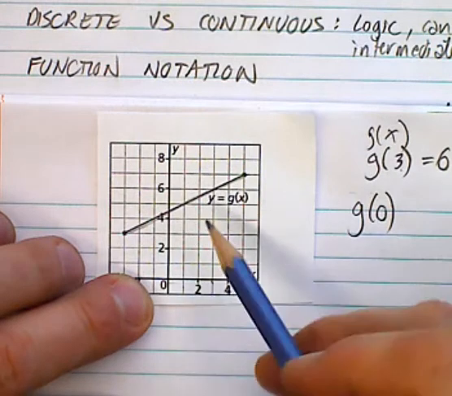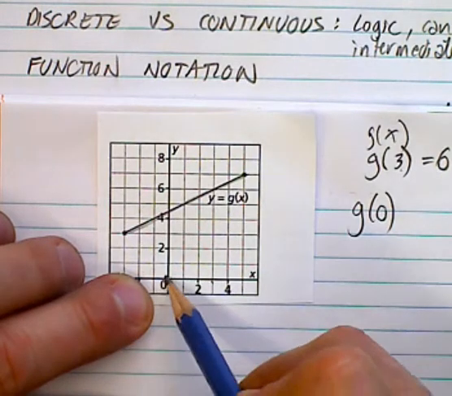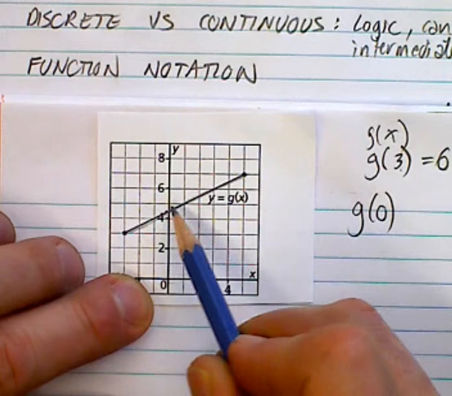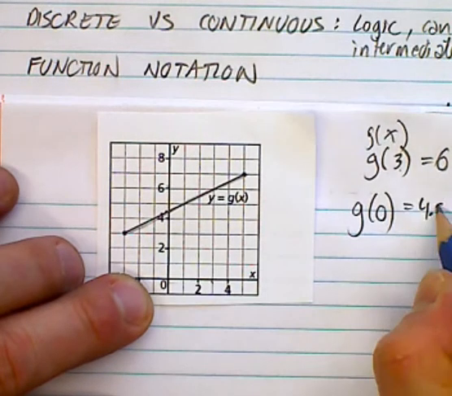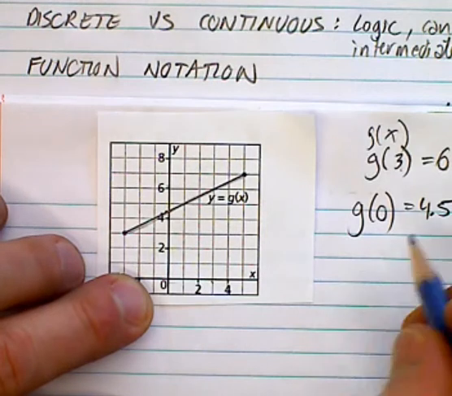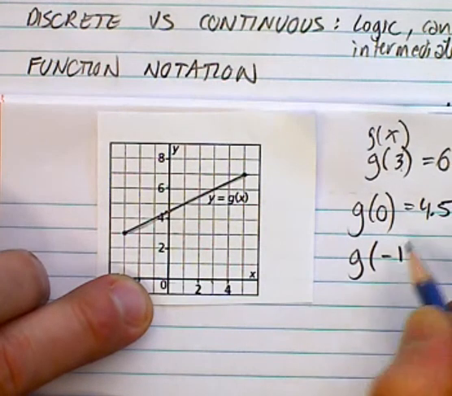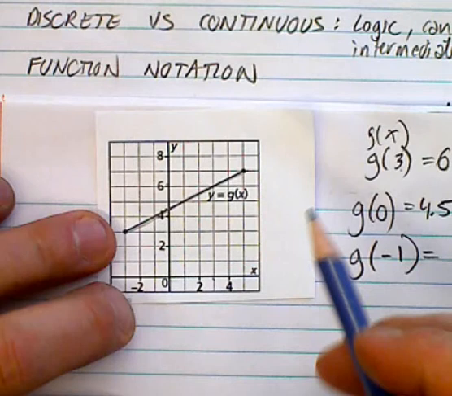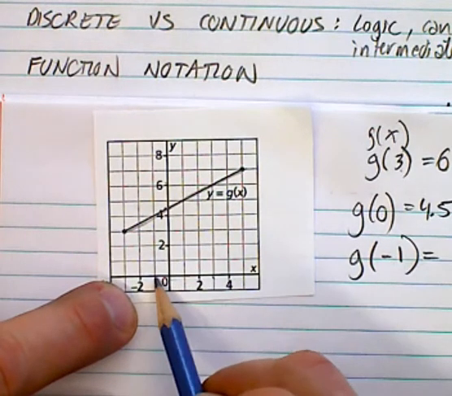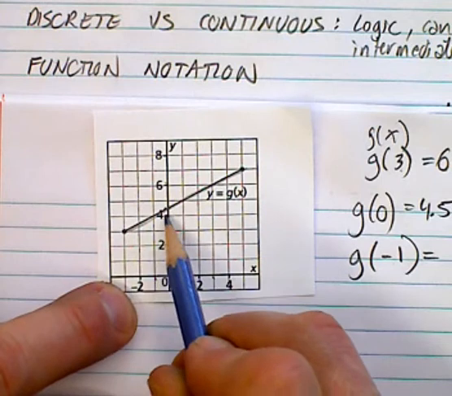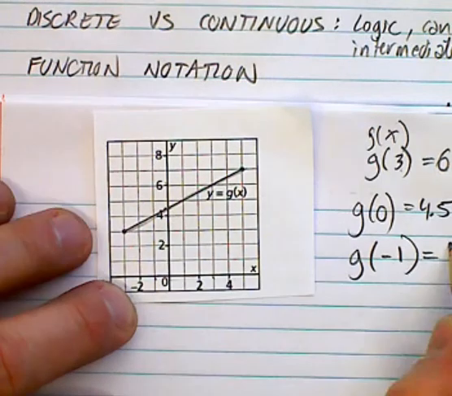X is 0. 4, 5, 6. So it's 4.5. How about g of negative 1? X is negative 1. It's 4. There you go.